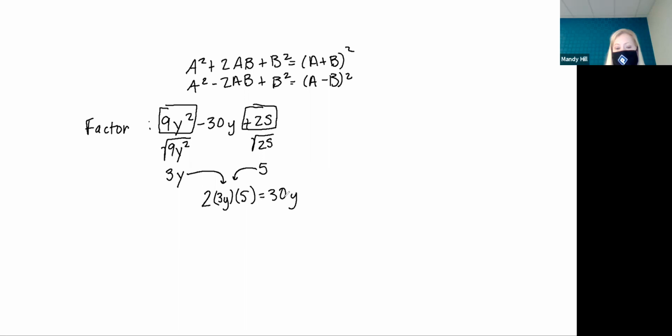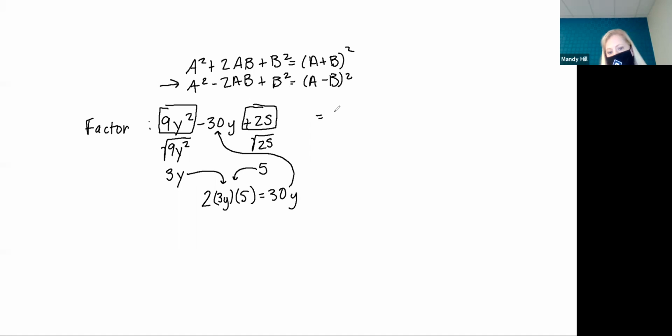When I get that, I want to compare that to this middle term right here, and say, oh, those are very close. One of them is just negative. Well, that means that if it's negative, I want to use this second formula because it has the negative there. This one has a positive 2ab, this one had the negative 2ab. So this is the formula that I want to use.